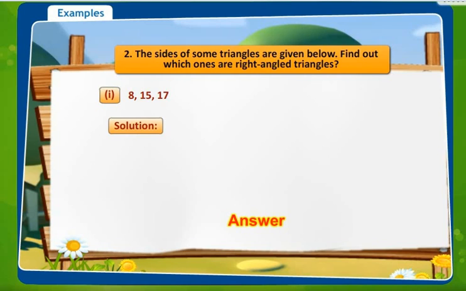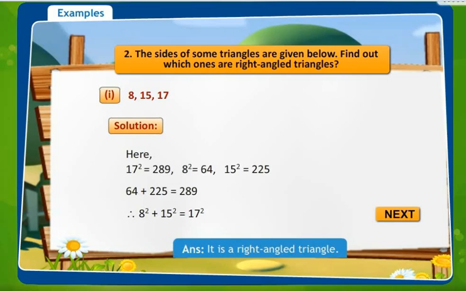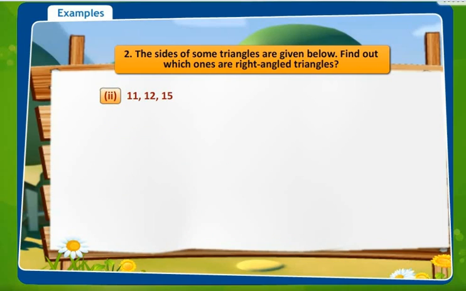Now, you know 8 square is 64, 15 square is 225 and 17 square is 289. Now 17 is the big one, so 289. 8 square is 64, so 64 plus 225 is 289. Since they follow the Pythagorean triplet, 8, 15 and 17 is a right angled triangle.